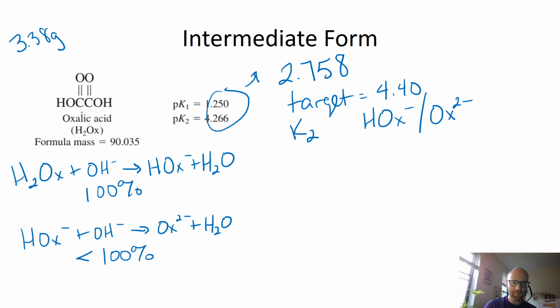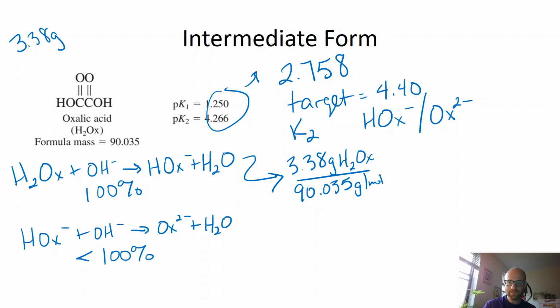So first, we should probably take a look at this. How much base is needed to convert 100% of the acid into the intermediate? And so this 3.38 comes into play because that's the amount of acid that I have, and they tell me that the formula mass is 90.035 grams per mole.